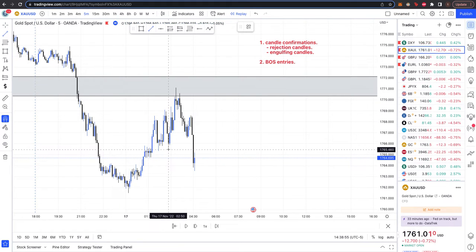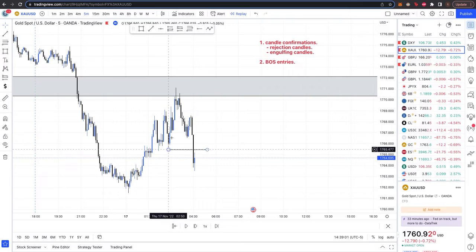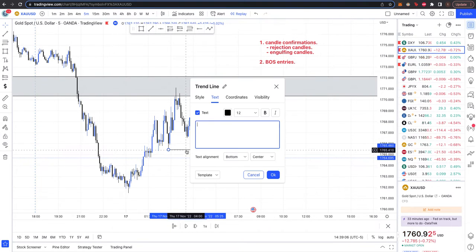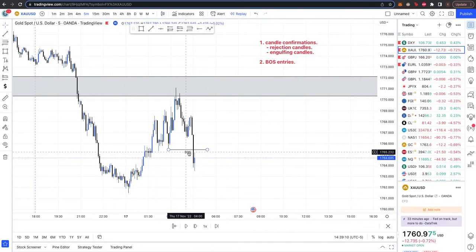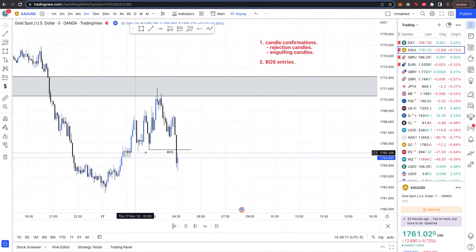I'm just going to put it in right here. This was my area of interest, and you can see price broke that. So this is what I would consider the break of structure. Once price broke that level, that is when I was interested in this trade. That was the real shift in momentum, in my opinion.